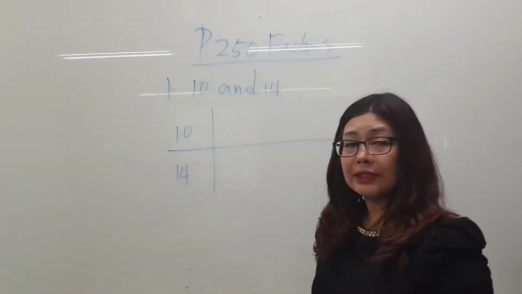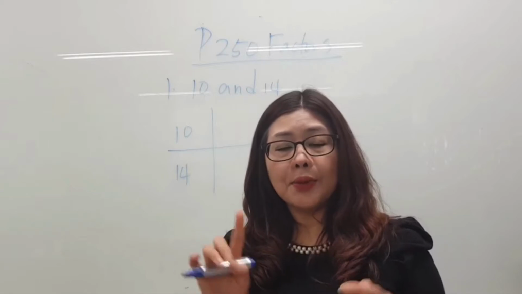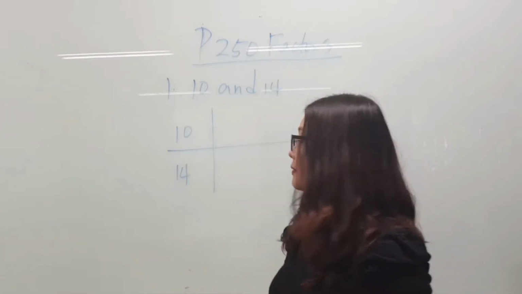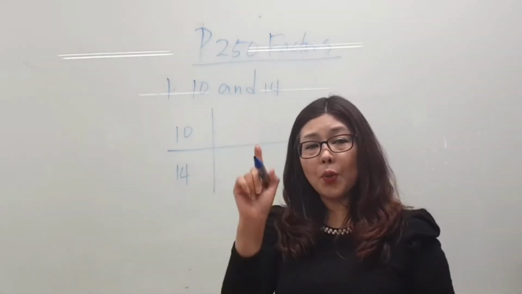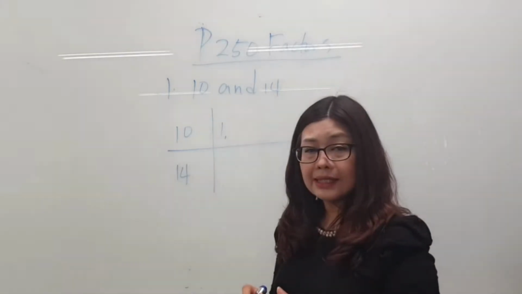To find the factors, you have to think of numbers that when you multiply, you get the product of 10. Let's start from 1. 1 times 10 is 10.